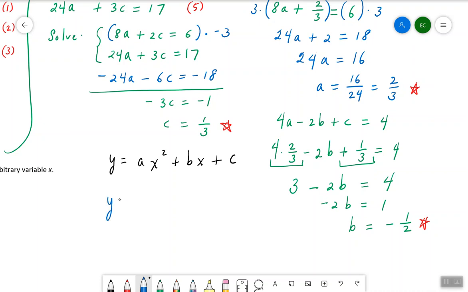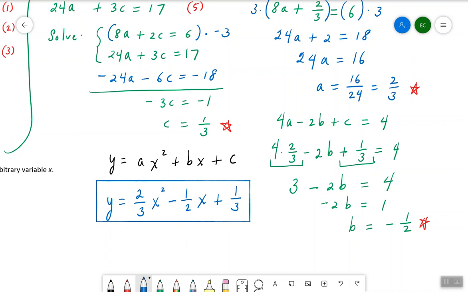So this particular parabola has a coefficient a equal to 2/3. b is negative 1/2. So we'll write minus 1/2 times x plus c is plus 1/3. And there's our answer.